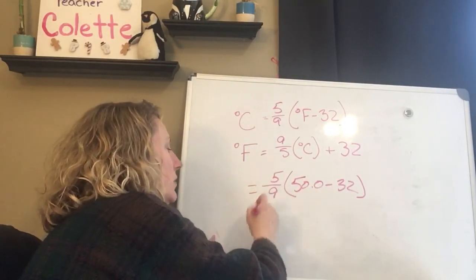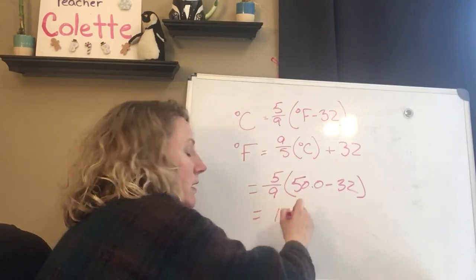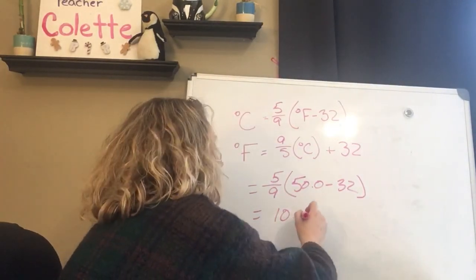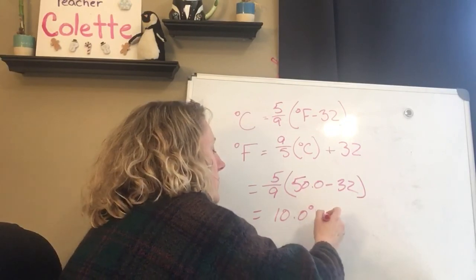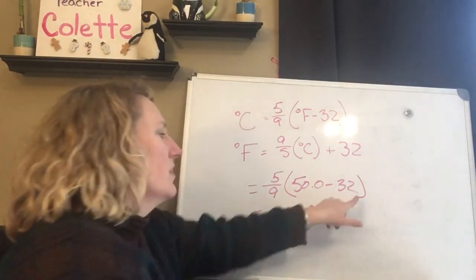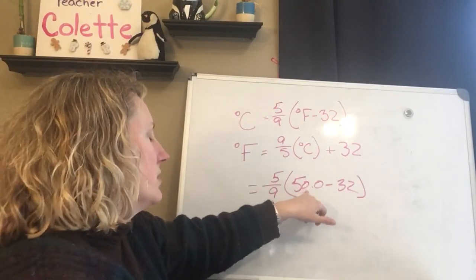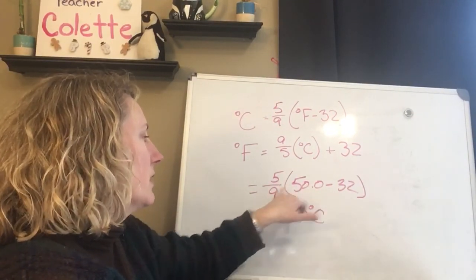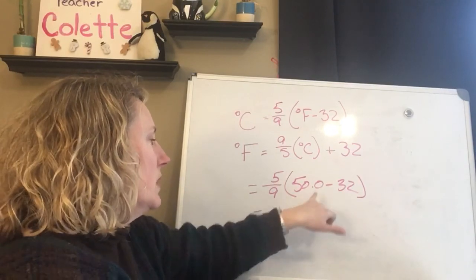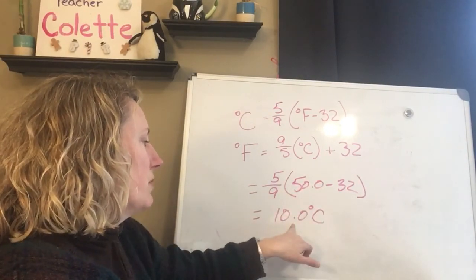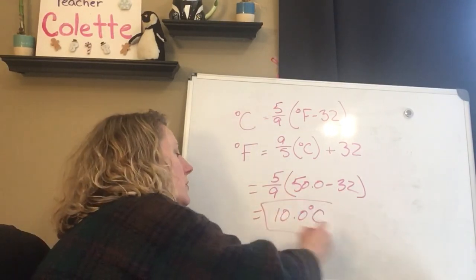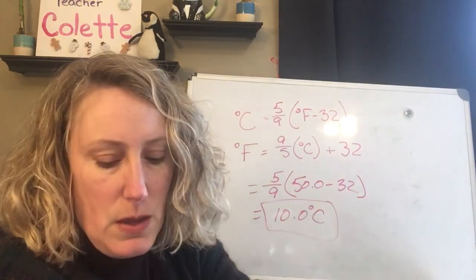That will give you 10.0 degrees Celsius. The 5 and 9 are exact numbers, so the significant digits are based on the measured value. If you have 3 significant digits here, you'll have 3 significant digits in your answer, just so you know.